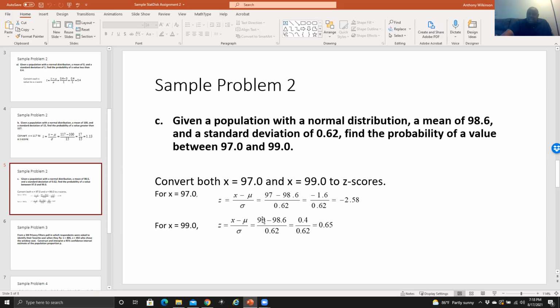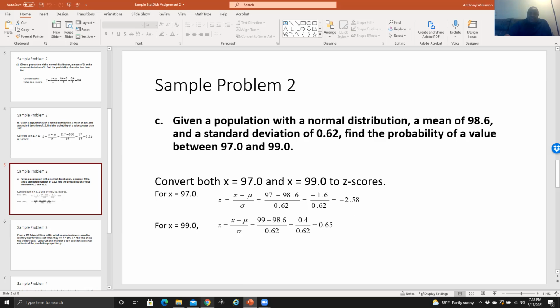So 99 minus 98.6 is 0.4. 0.4 divided by 0.62 will be 0.65. So the z-score for 99 would be 0.65. Now we're going to individually enter these into StatDisk. In this case, we're going to be using the cumulative probability from the left on each one of them.